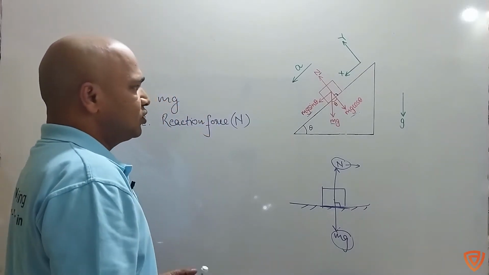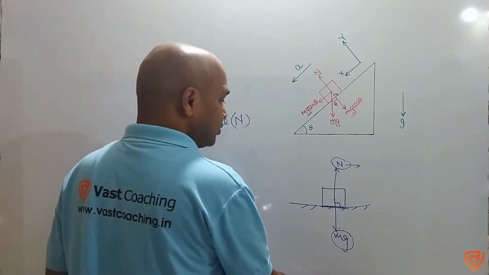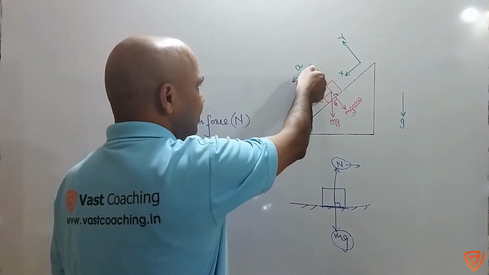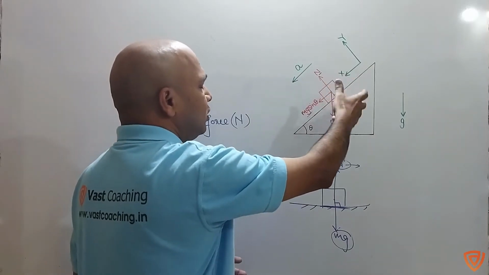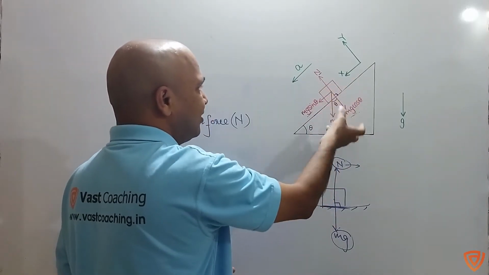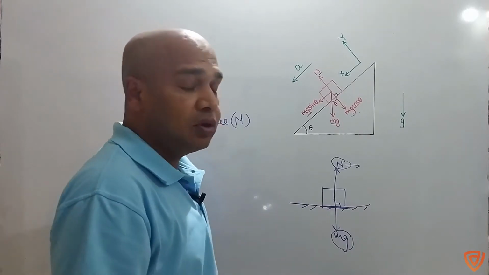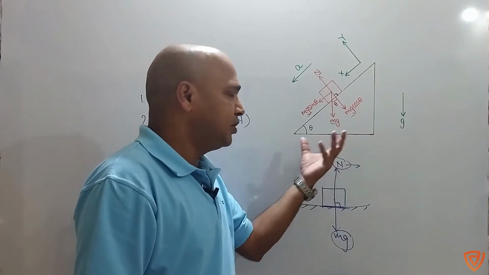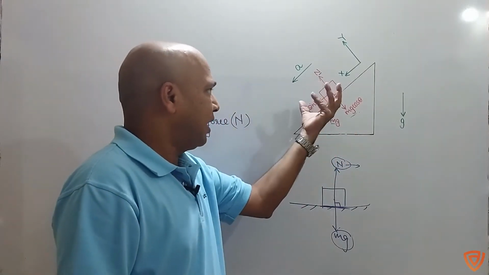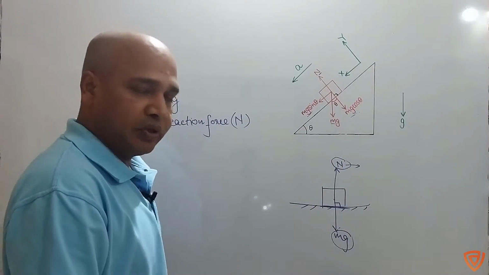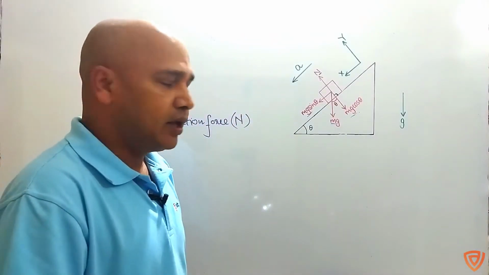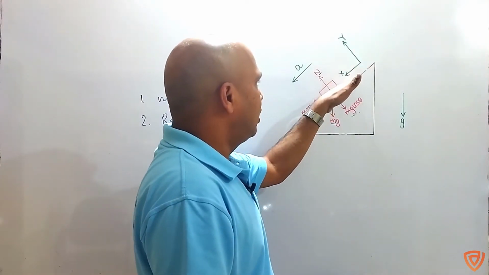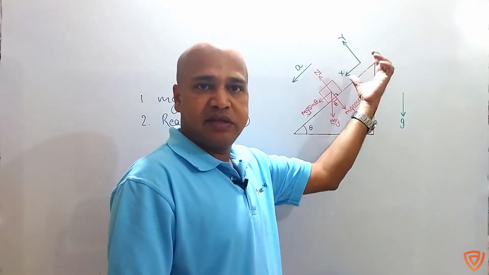Now for ease of solving this problem, when the block is going to be accelerated by acceleration a, we need to use the equation of motion. Basically we have to apply Newton's law on this block. So how do we do that? First thing, we always have to draw axes x and y.